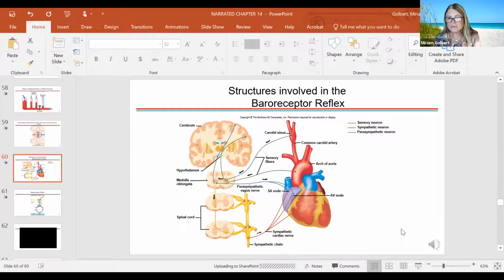So why do we have them in the carotid and why do we have them in the aortic arch? What do you think? Why are they not anywhere else? Blood is coming out of the left ventricle through the aorta, right? And what is the systolic pressure there? 120.